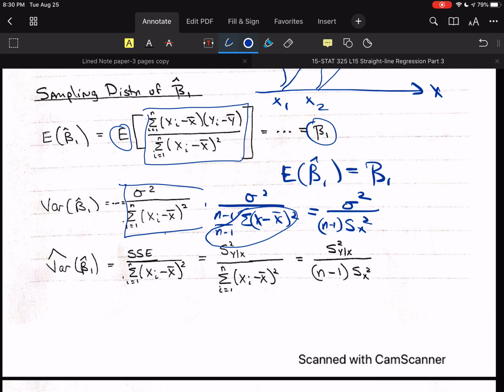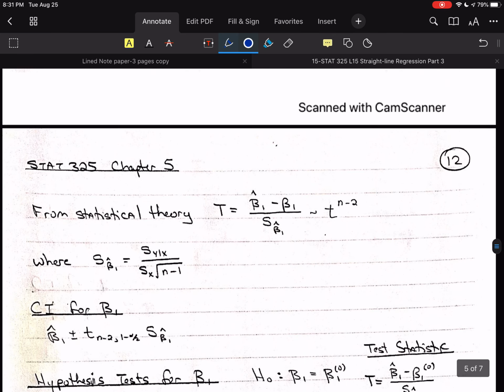Okay. And then we take the estimate of this variance. That's what the hat over the var means. To do that, we substitute in for sigma squared, which we don't know, with its estimate, the mean square error, another way of writing that is s sub y given x squared. Okay, and here I have that other form. So that's our estimate there.